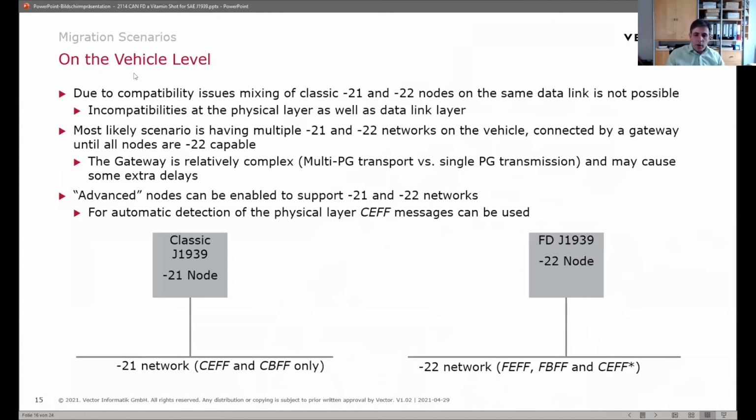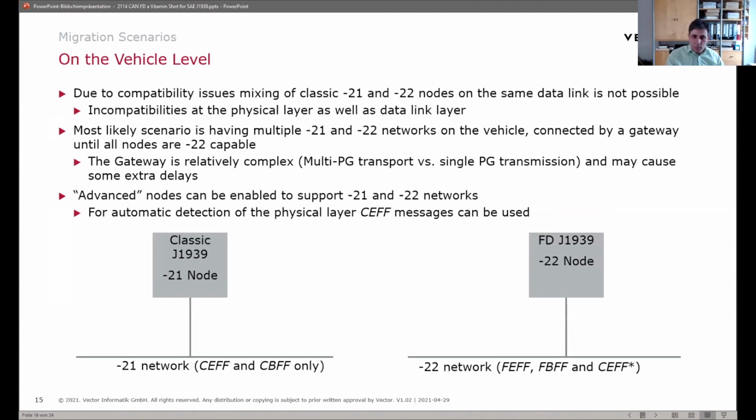And so we have heard, due to compatibility issues, it is not possible to mix a classic J1939-21, so the classical CAN, with the -22 document, the FD-based CAN, on the same data link, because a classical CAN transceiver would not speak FD as a protocol, and therefore it would disturb.